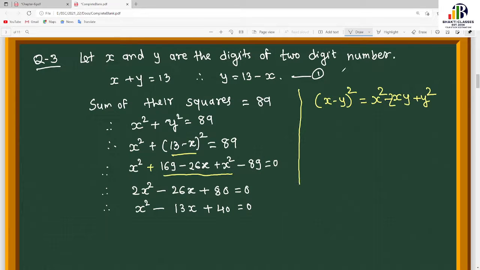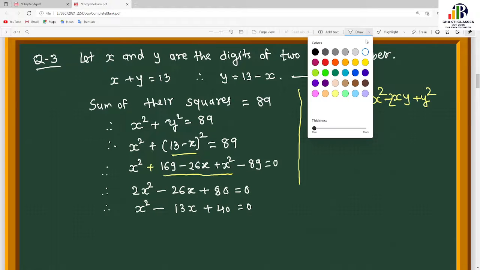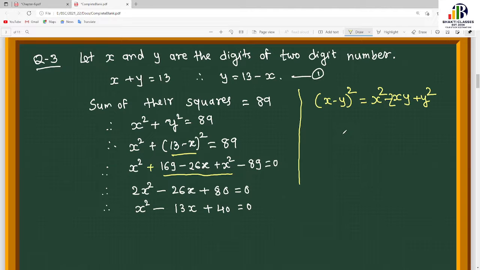We have to find the prime factorization of 40, and we need to find two numbers of which the multiplication is 40 and the addition is 13. So we are doing the prime factorization. 40 is equal to 2 into 2 into 2 into 5.